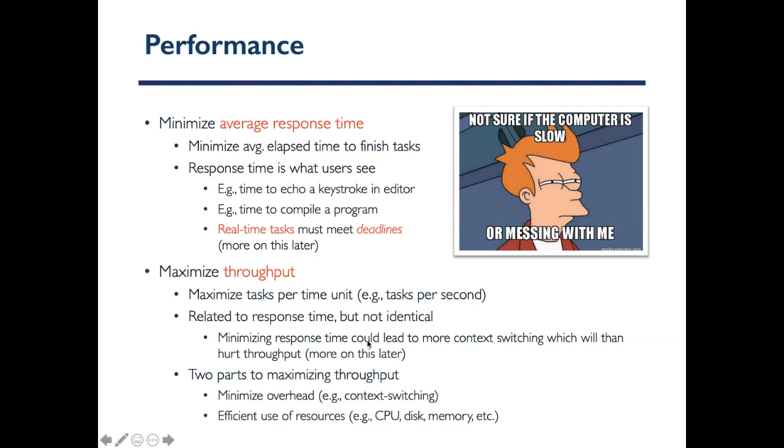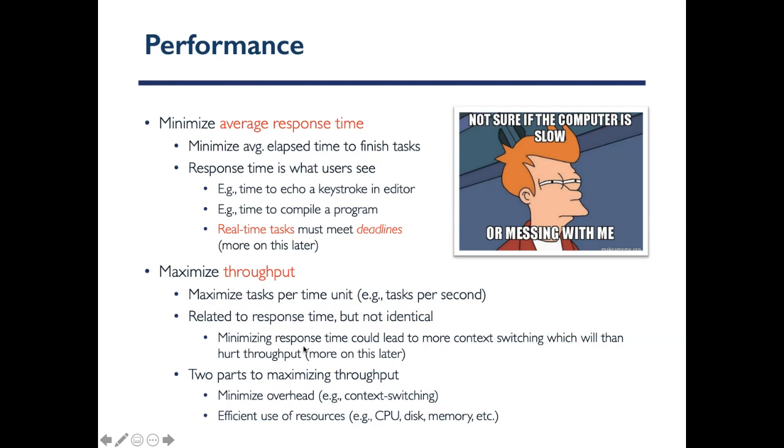Okay, so this one is very important. I emphasize that minimizing response time does not necessarily maximize throughput. There are cases where you can minimize response time, but then hurt throughput. This is important, and I just pose it; it probably will show up in the exam somewhere. There are also cases where, by just shuffling the order of your tasks, you can get a better average response time without touching throughput.